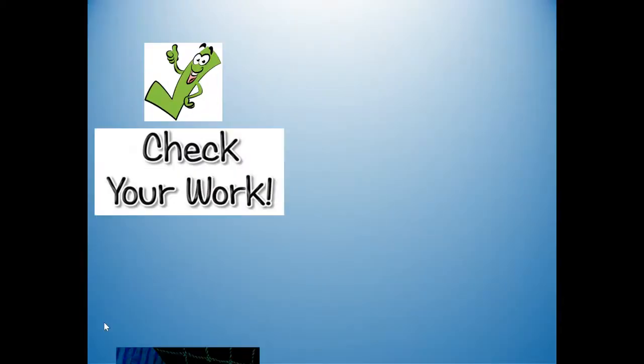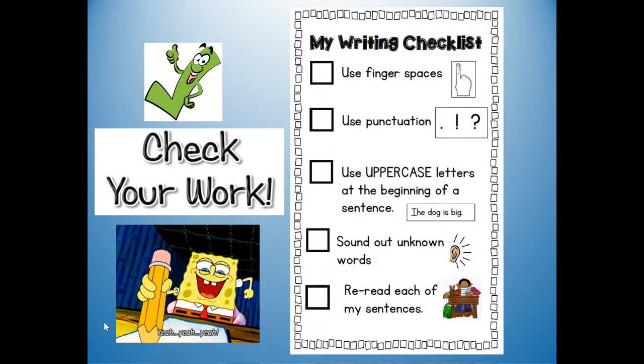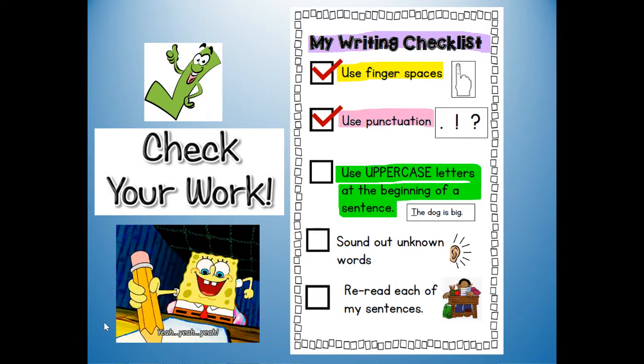All right, it's time to check your work using your writing checklist. Look at your 3 sentences. Did you use finger spaces between your words? Did you use punctuation? Did you put uppercase or capital letters at the beginning of each of your sentences? Did you sound out unknown words?